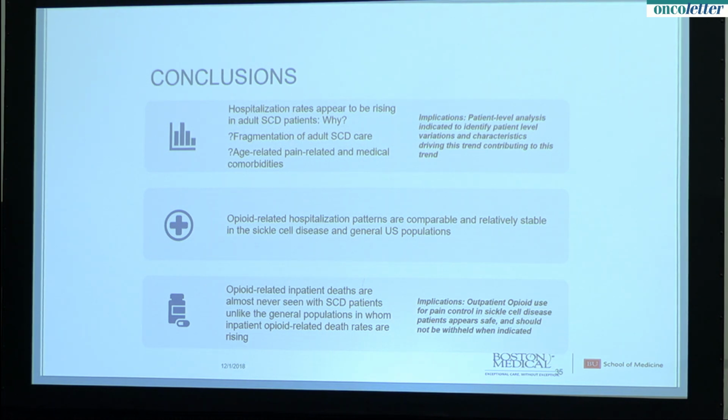So overall, it appears that the present pattern of use of opioids in patients with sickle cell disease is safe, and opioids should not be withheld from those with sickle cell disease when indicated, provided that we continue the present risk mitigation strategies.